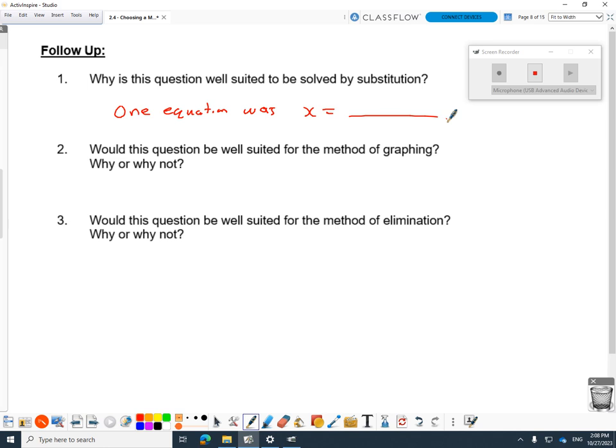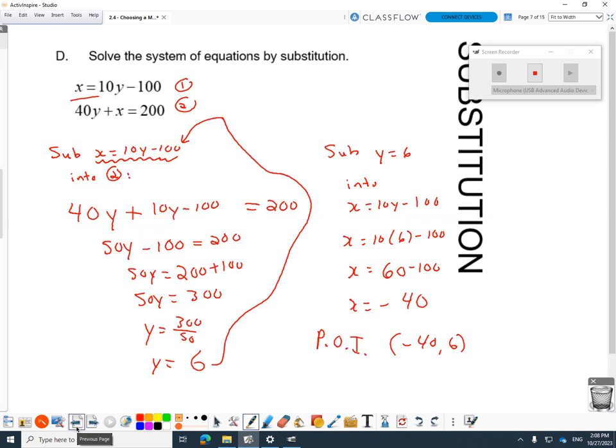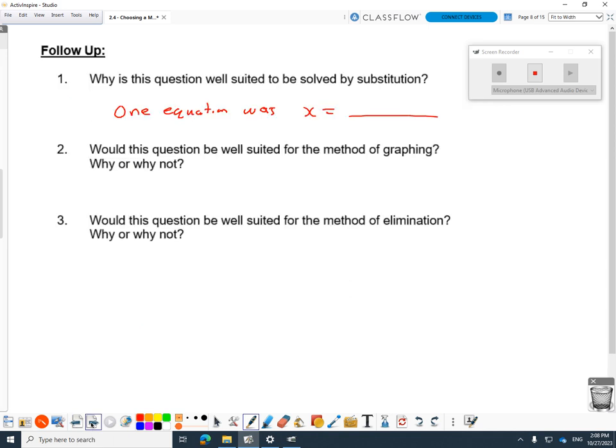Would this be well suited for graphing? No. Probably not. It had big numbers. And just to rewind in the chapter, that's why we came up with substitution.